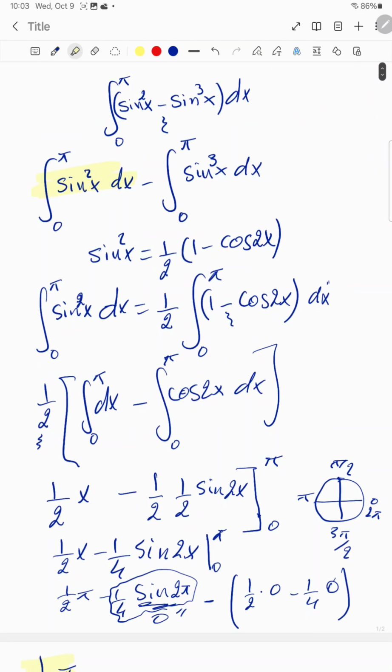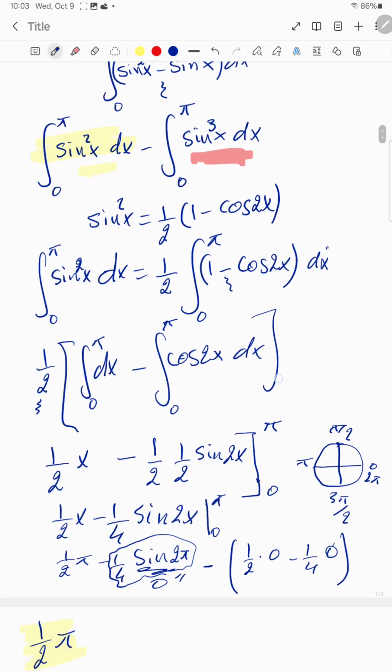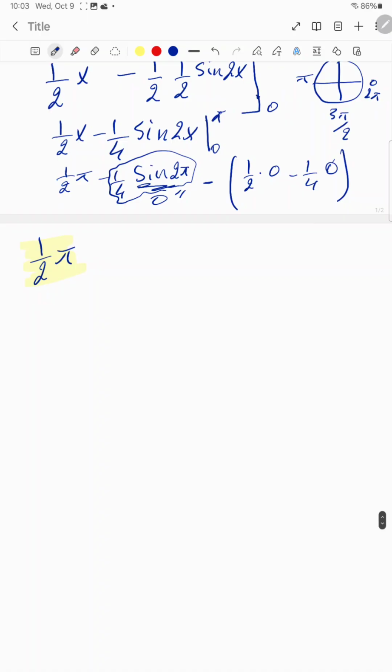And now I will be working on this integral here, the minus sine to the power of 3 of x dx. So I will do the integral of minus sine to the power of 3 of x dx, and this is between 0 and pi too.